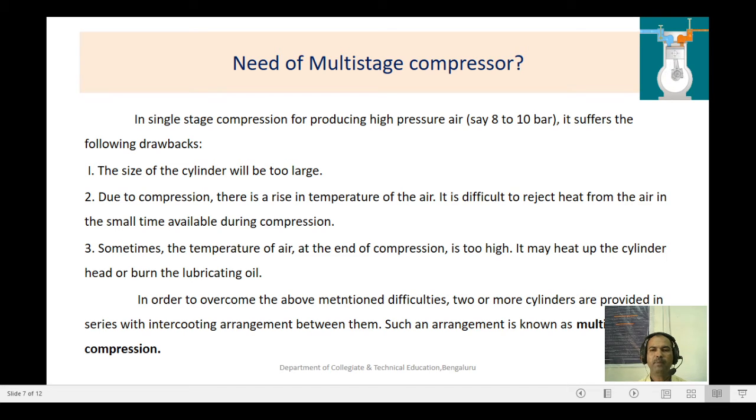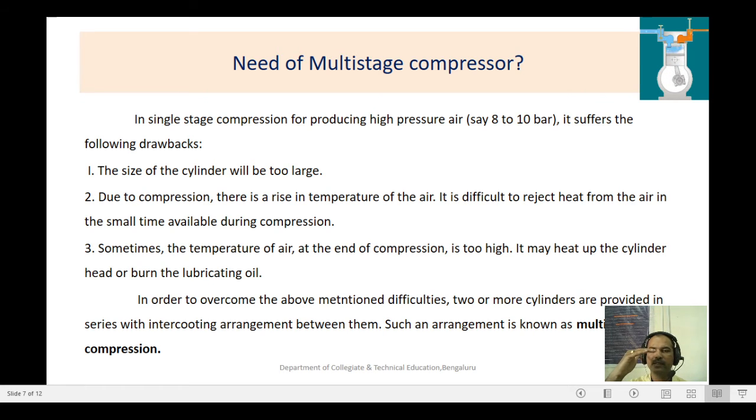And automatically, when you compress from P1, that is 1 bar, to 12 bar or 10 bar, there is an increase in the temperature while compressing the air. Due to the high temperature, there is a chance of heating up the cylinder head.